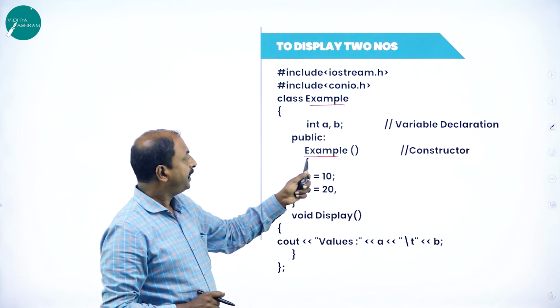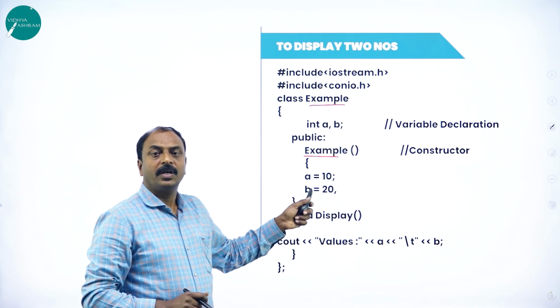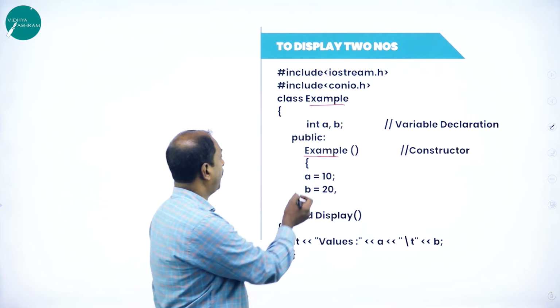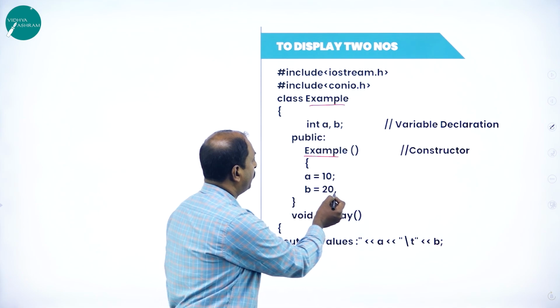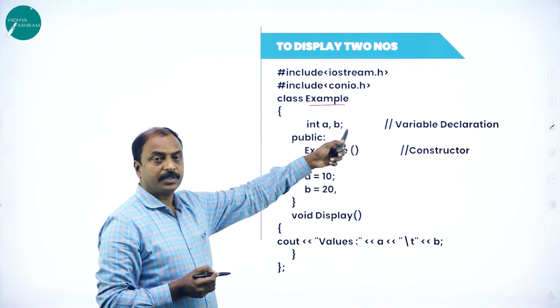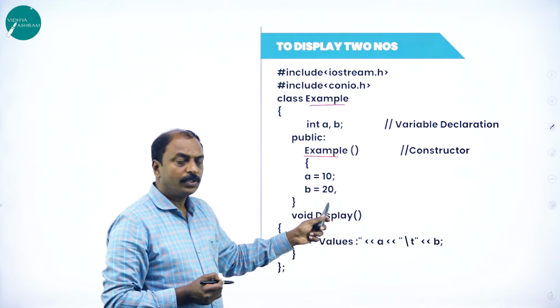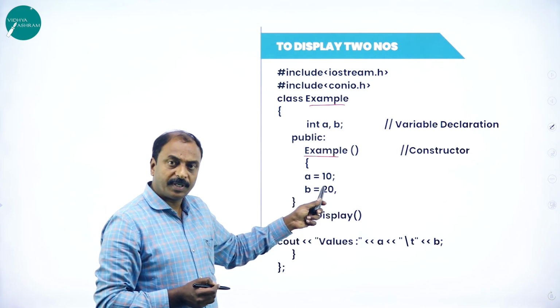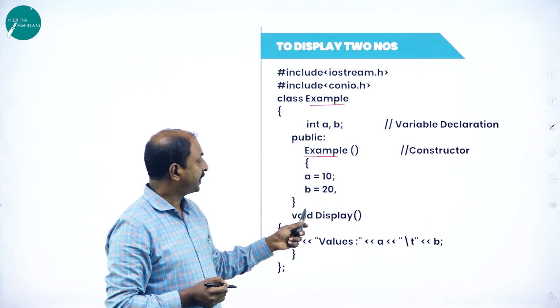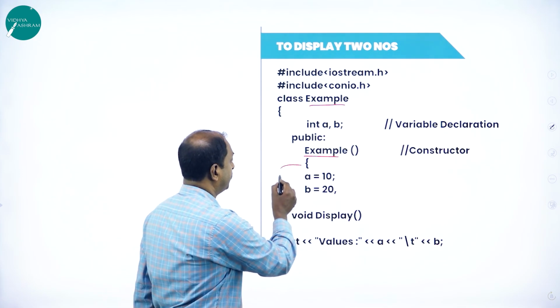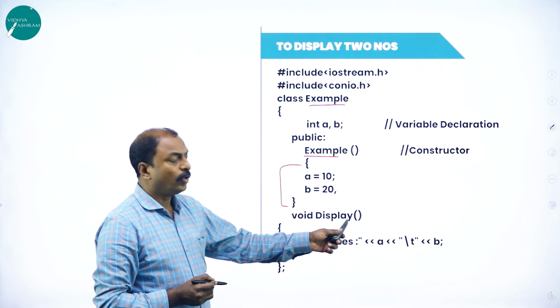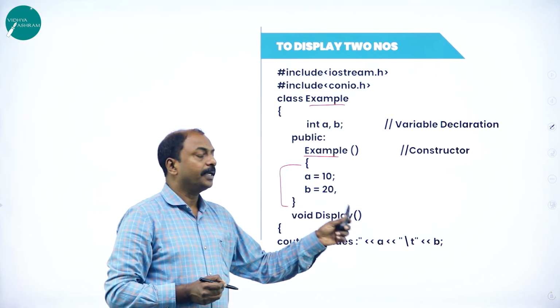Open the bracket and inside this we are writing the statements: a equal to 10, b equal to 20. Here a and b are the two variables we have declared and we are assigning values to these variables inside the constructor. Now we are closing the constructor here. Then one more function, void display.